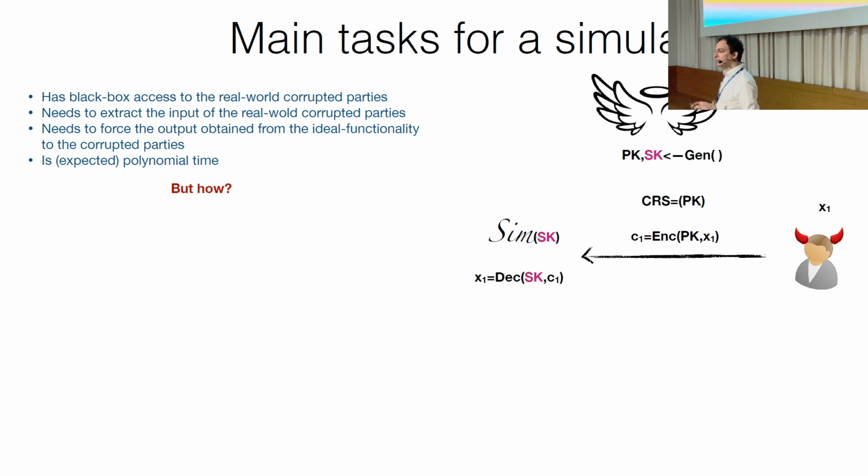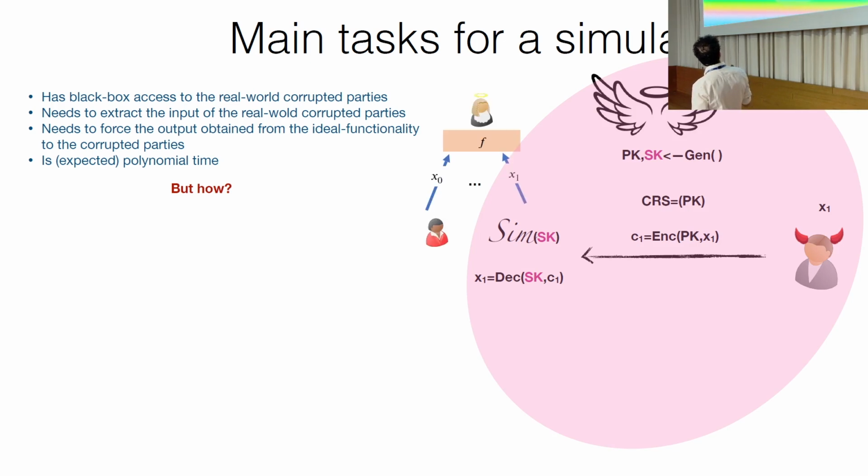That's just one of the very usual tricks that we use. There are many, many variations, but at a very high level, that's what happens. The adversary doesn't have the secret key, but the simulator does have the secret key. And so you can extract the input from a corrupted party. That's how your ideal world adversary works.